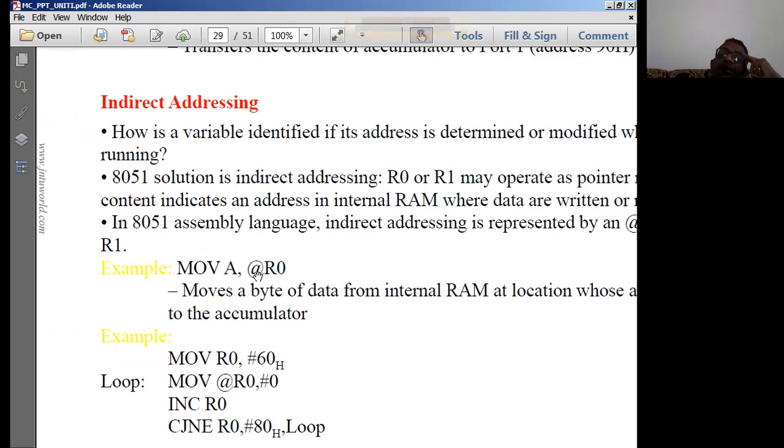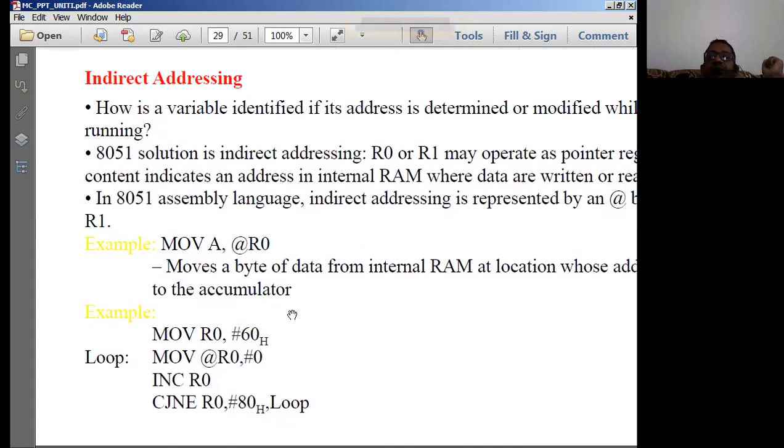It is something like the star operator used for pointers in the C programming language. Exactly the same kind of thing is used in the microcontroller with the @ operator. So if you use the @ operator, it simply brings out the value at the address contained in R0 into the accumulator.